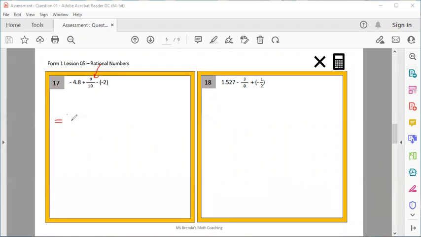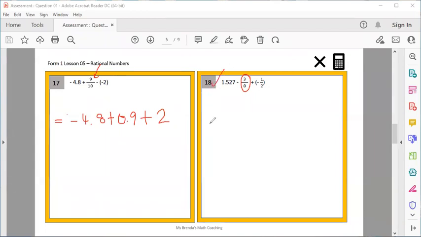You write equals negative 4.8 plus, of course, you know what is 9 over 10, right? It's 0.9. Okay, and then negative and negative is positive plus 2. You see that? And if you don't know what is 3 over 8, all you need to do is press in your calculator, press 3 divide by 8.